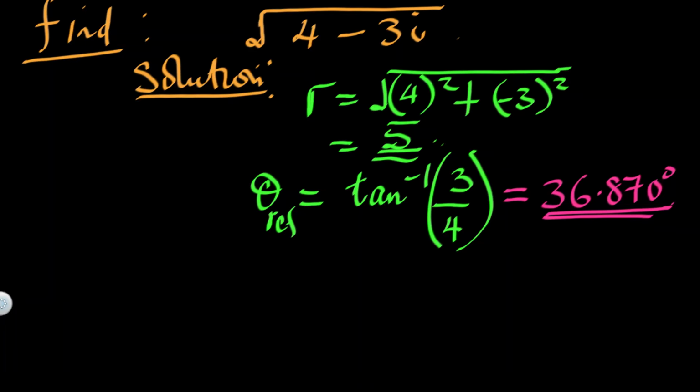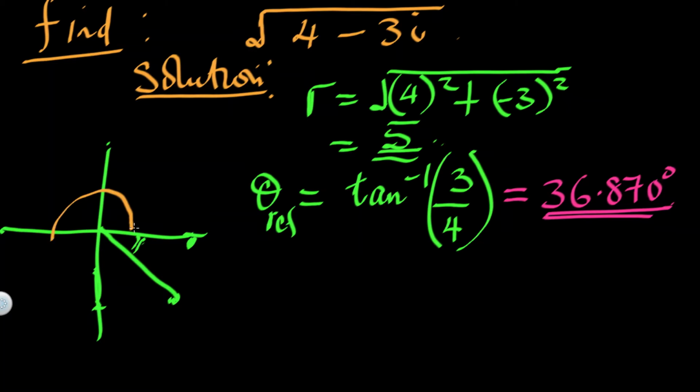But if I sketch the Argand diagram of this complex number, it is in the fourth quadrant. So I have here 4 is here and minus 3 is here. So this is in the fourth quadrant, and the angle 36 degrees is this angle, which means our argument is this whole angle here.